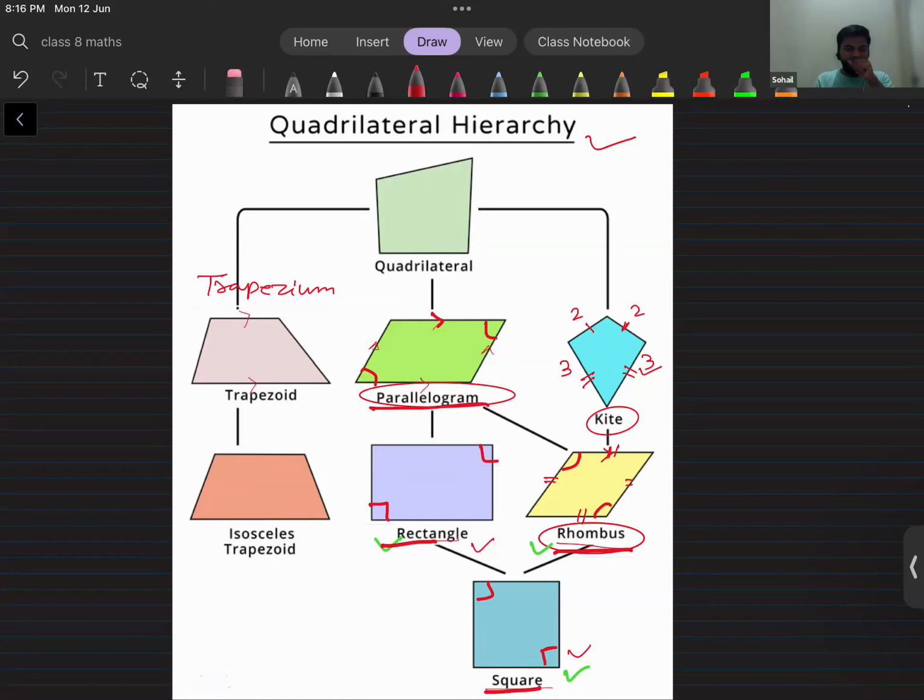Diagonals will bisect each other in all of the cases. In the case of a trapezium, the opposite pair of sides are parallel, and the non-parallel pair of sides might be equal in length also, so it will be called an isosceles trapezium. Trapezium and trapezoid are both the same thing, so don't get confused with the name. And then we have got the kite also, which we just discussed.